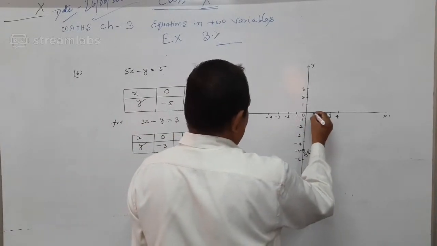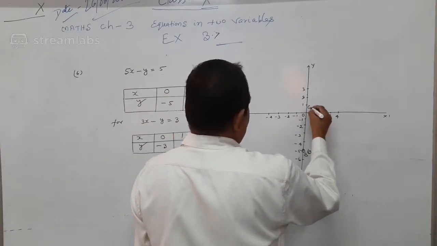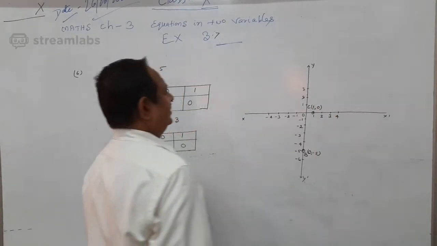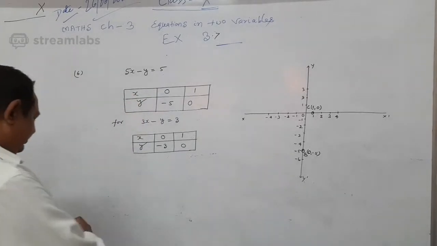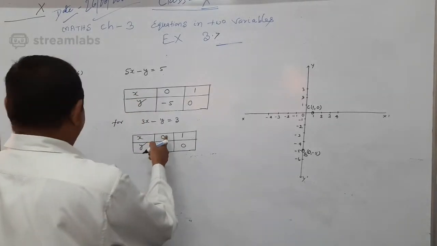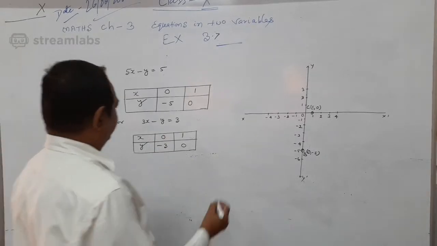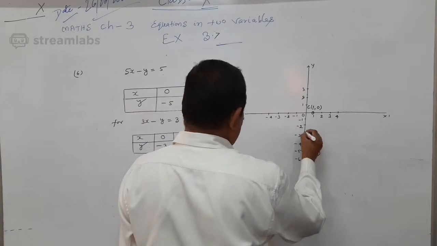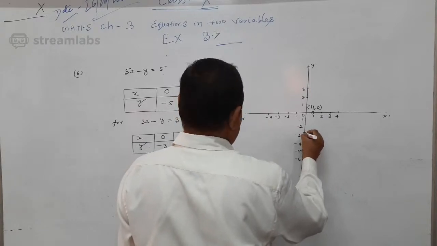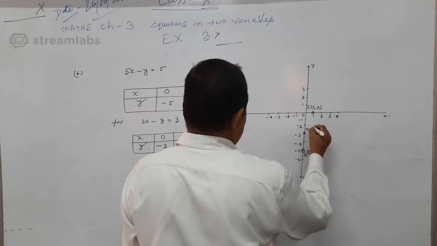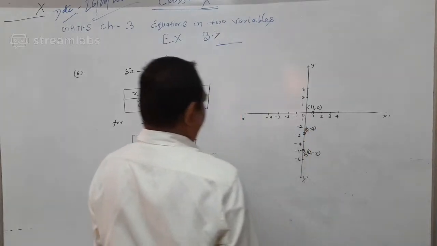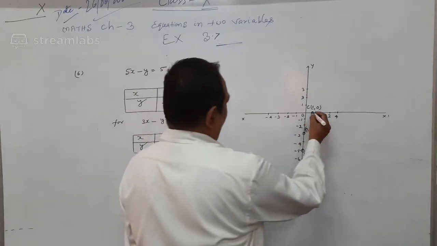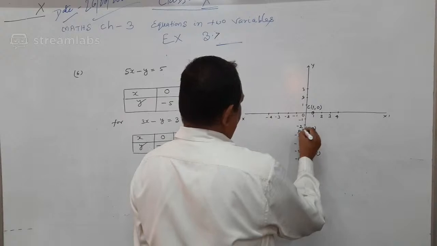So this is x is equal to 1, point C. On x-axis, the y coordinate will be equal to 0. Similarly, when x is 0, y is -3. So the point is here, 0, -3. X is equal to 1, y is equal to 0, same point. So this point is A.